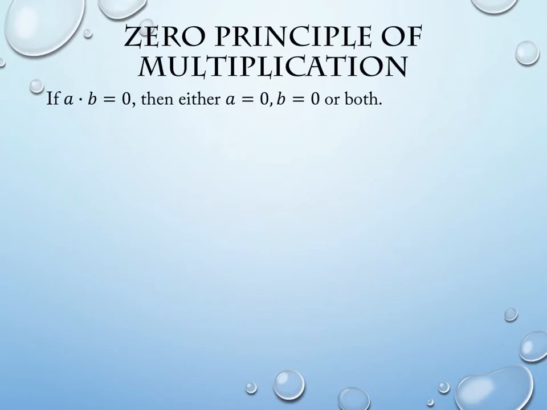So to start with, you need to know, or remember really, the zero principle of multiplication. The zero principle of multiplication says that if a times b is 0, then either a is 0 or b is 0. In other words, you can't multiply 2 things together and get 0 unless one of them was 0 to start with.